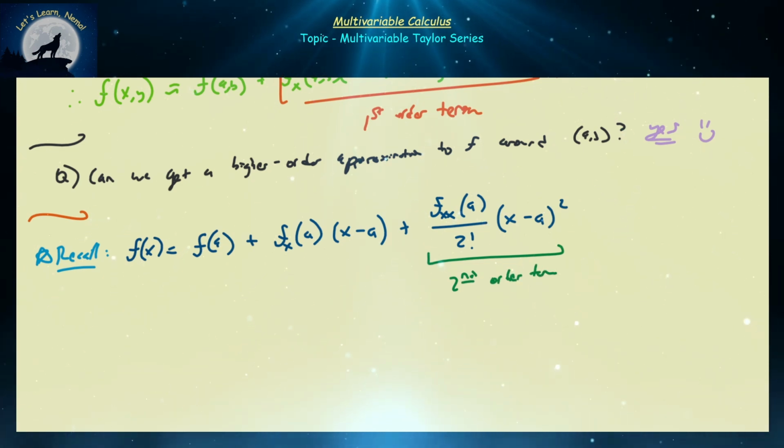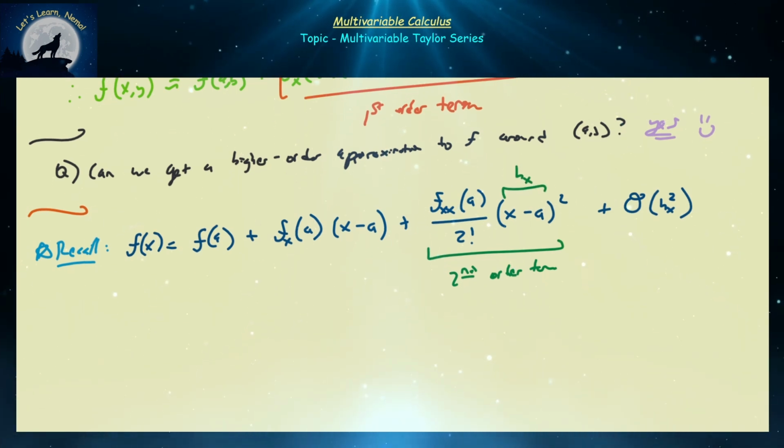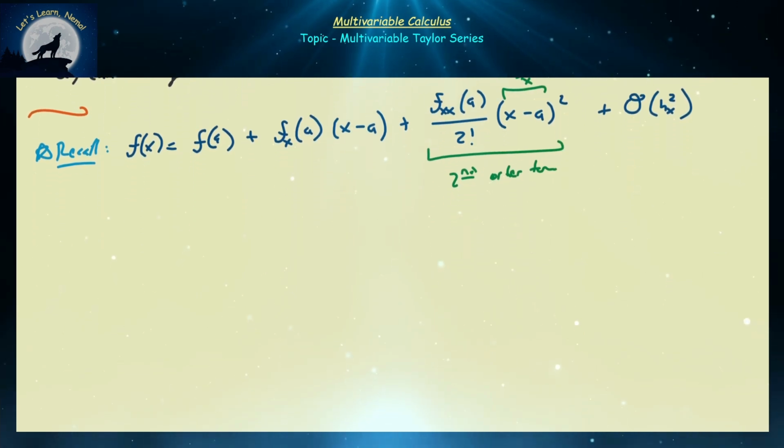And then, of course, over here we have our higher order terms, h_x of order 2. Here, this is what I'm referring to as h_x. So how would this extend to multivariable functions? In case you don't remember how to evaluate this, pretty much what you do is you take the derivatives, evaluate at a, and then solve for the associated term of interest.